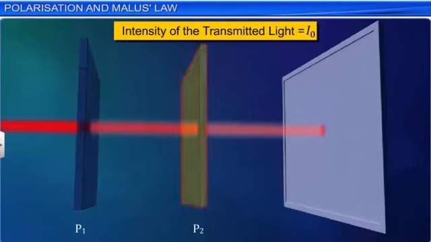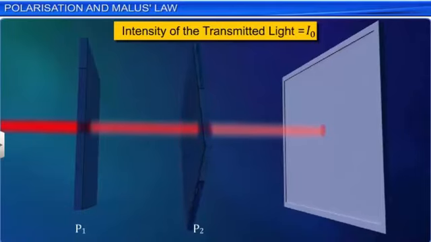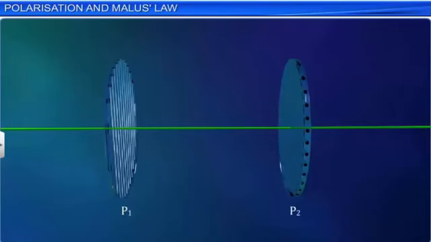If we start rotating the Polaroid P2, the intensity of light incident on the screen reduces to nearly zero at one position and reaches its maximum when turned by 90 degrees from the position of zero intensity. This can be understood by considering the orientations of the pass axes of the two Polaroids.